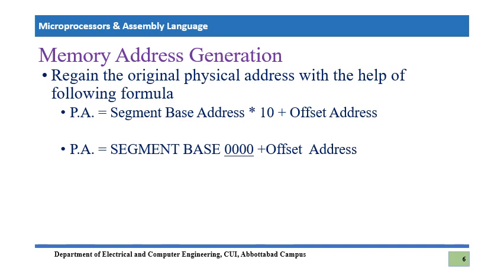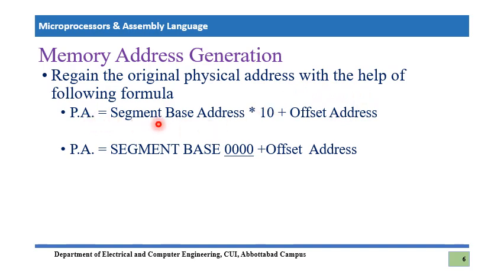Okay, in this slide we are discussing how to obtain the original physical address with the help of the following formula. PA stands for physical address. So physical address is equal to segment base address multiplied by 10, and if that segment base address is in hexadecimal, this 10 is also in hexadecimal, plus the offset address.